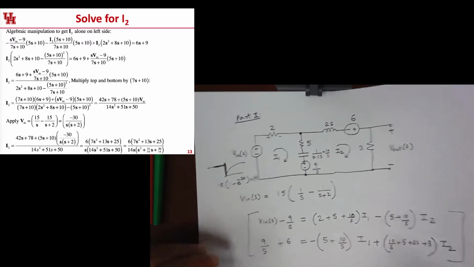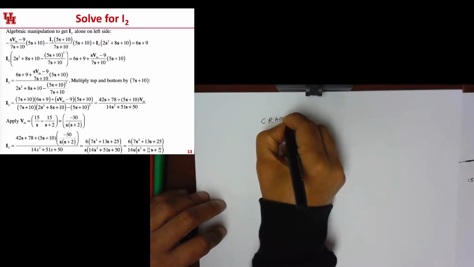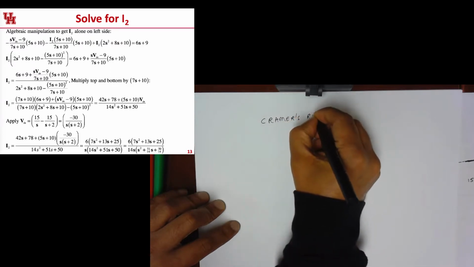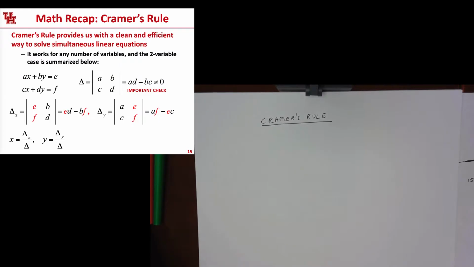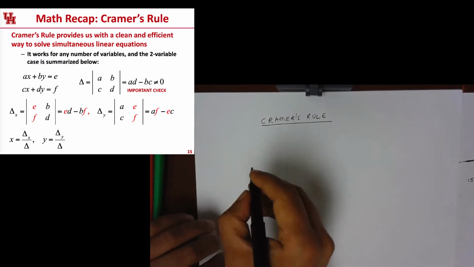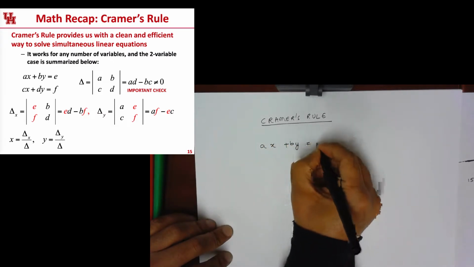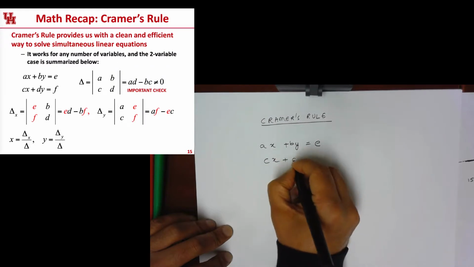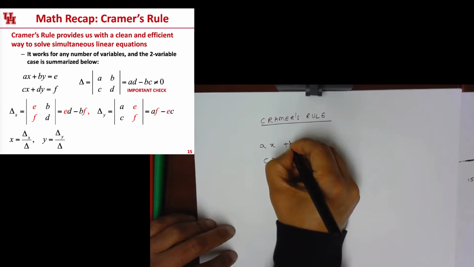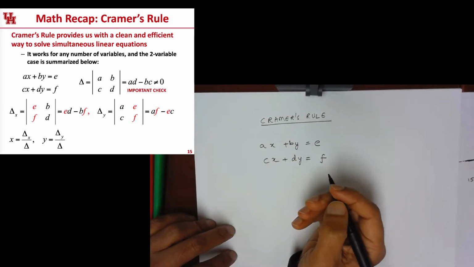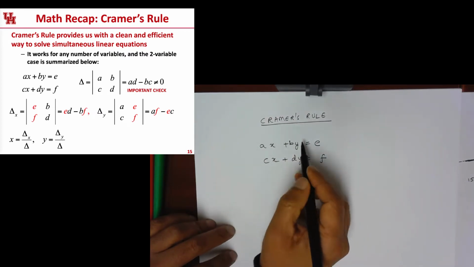So let me put this note aside for a little while, and let's talk about what's known as Cramer's rule. Cramer's rule is something you may have encountered in your math class. Basically, given two equations, say ax plus by equals e, and cx plus dy equals f, what we first do is form the determinant for the unknowns, x and y.